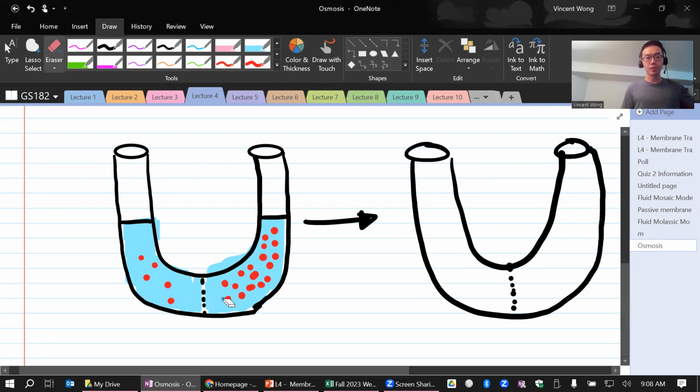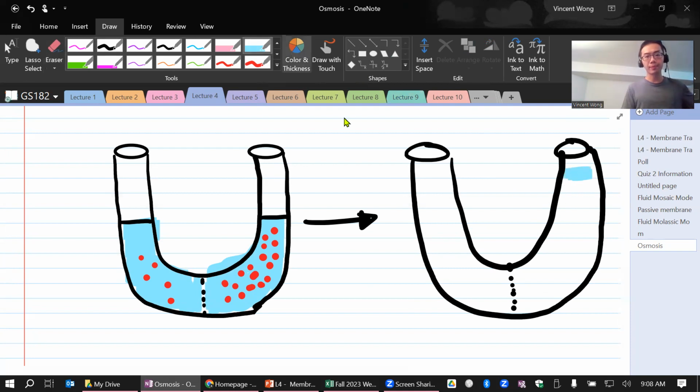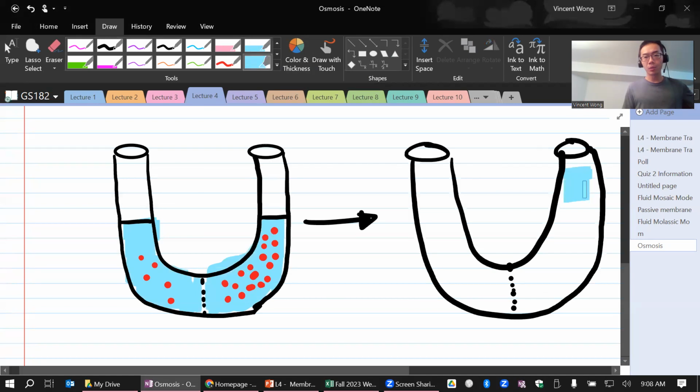So in this case, it's saltier over here, so the water level will rise on the right, whereas the water level on the left is going to drop. So lower water level, higher water level.